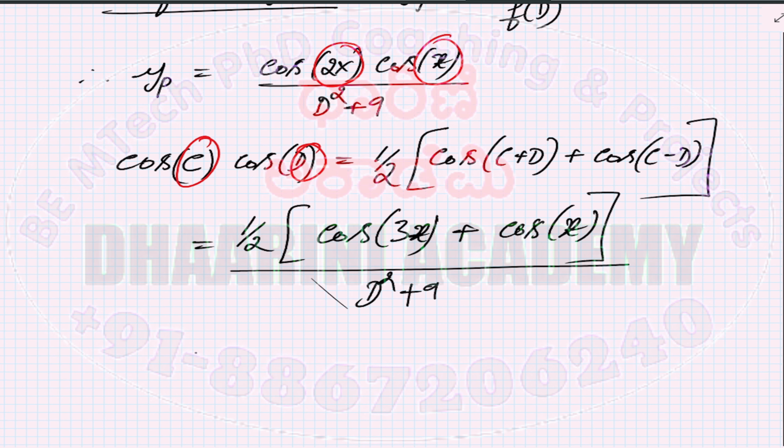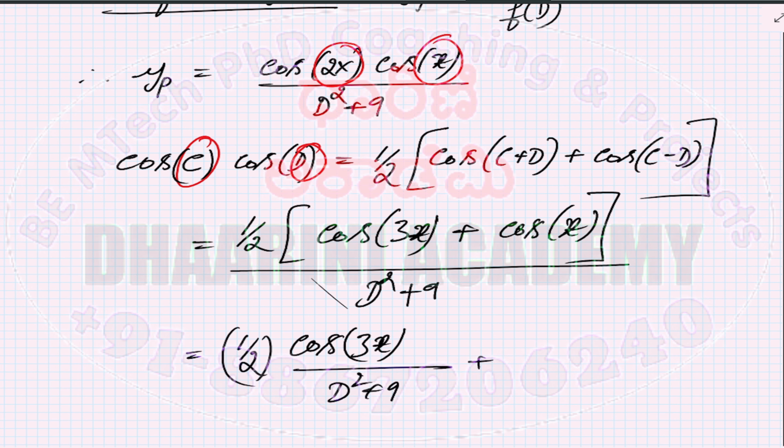So this is equal to, now I split this term because I want to make a substitution. Half I'll take out: half cos 3x divided by d square plus 9. This is my first term, plus another half, I multiply inside, cos of x divided by d square plus 9.